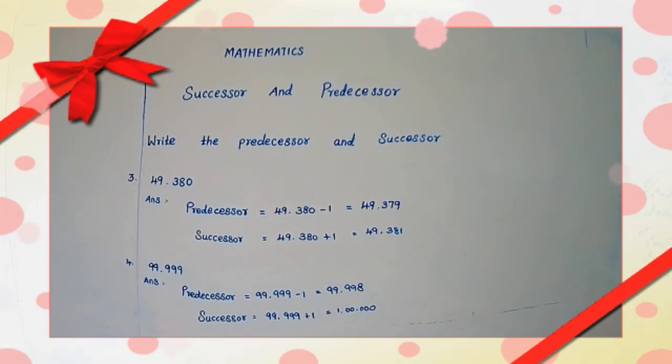Second one, if you complete the first one, you leave one finger space and write the fourth question. 99,999. Write the answer. Predecessor.